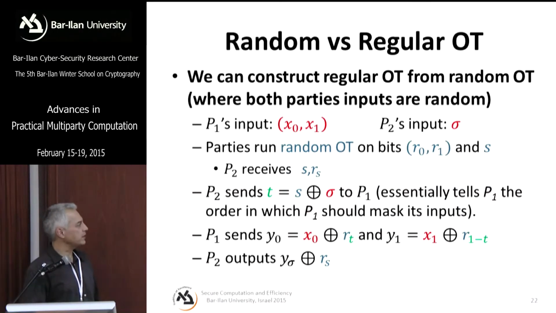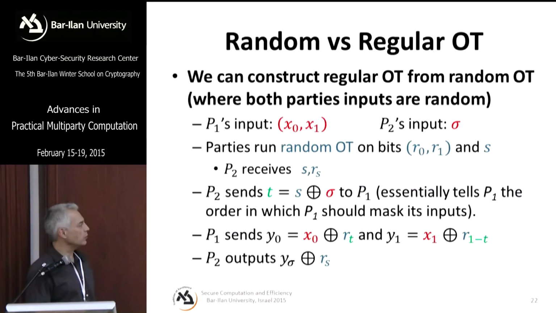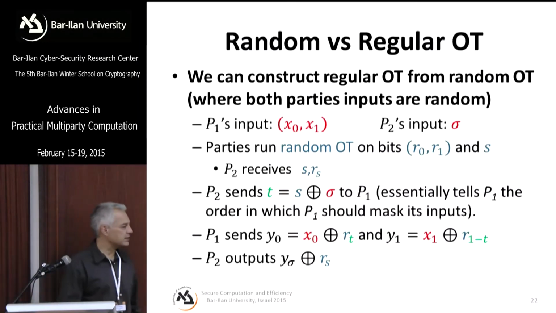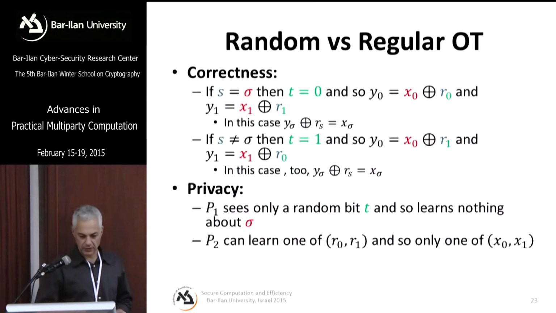However, suppose that P2 wanted to learn X0, and in the random OT it learned 1 and R1. In that case, T, the XOR of 1 and sigma, is going to be 1. And in this case, P1 is going to send to P2 X0 encrypted with R1 and X1 encrypted with R0. Here again, P2 will be able to decrypt the item that it wants to decrypt.